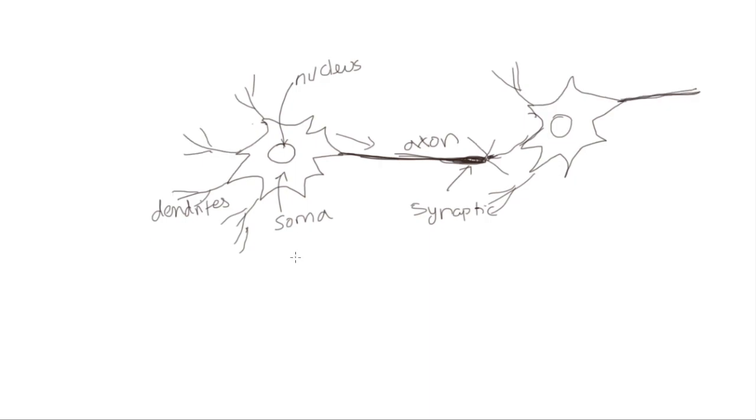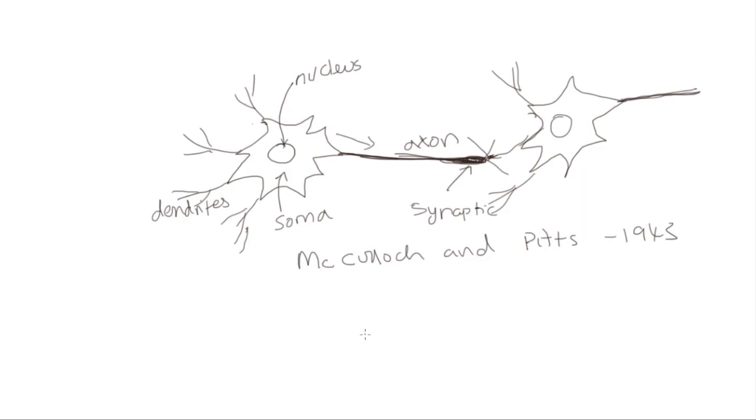There have been many efforts to computationally model the operations of a neuron, and by far one of the earliest and well-known efforts came from McCulloch and Pitts, and their model of a neuron is perhaps one of the most widely studied.